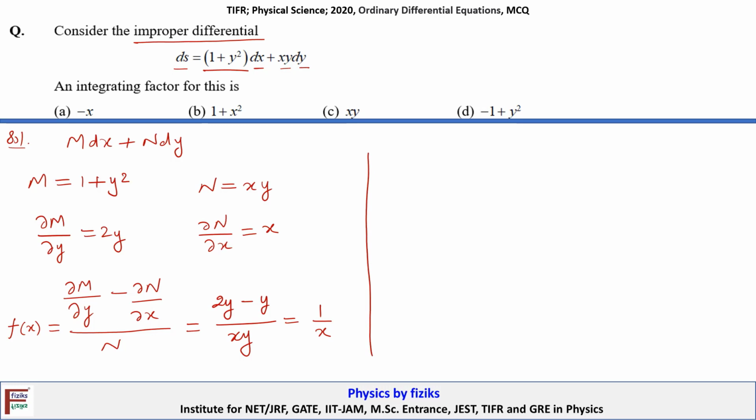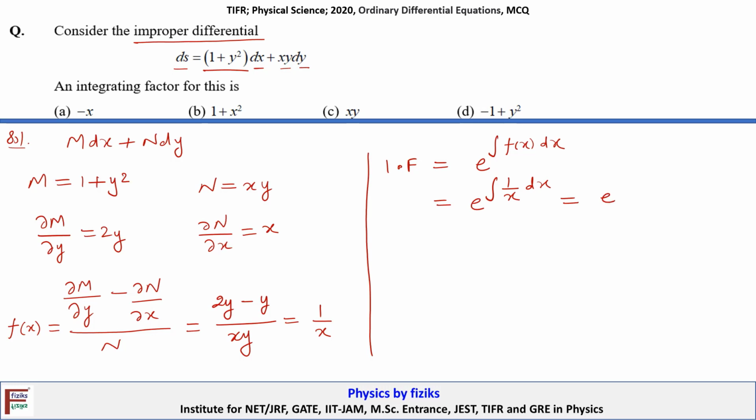Now to obtain the integrating factor, we can write the integrating factor is equal to e to the power integration of f(x) into dx. Now substituting the value of f(x), we can write it as 1 by x into dx and its integration.